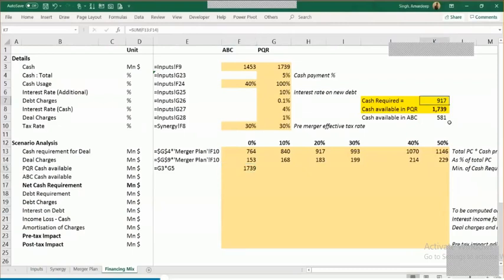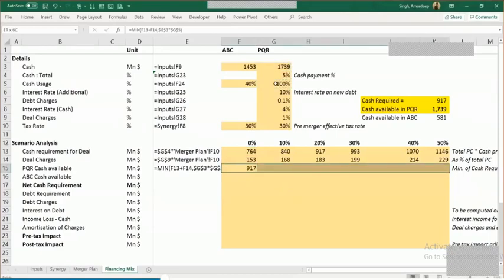So you see that if it is 917, I put 917 here. If it is 9 billion, then I put 1.7 billion because it's going to be the min of cash required and cash available. Available is this multiplied by this formula, which will decide what is the amount of cash you're going to eventually use.